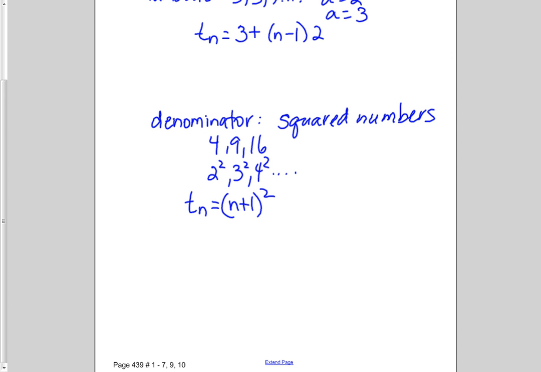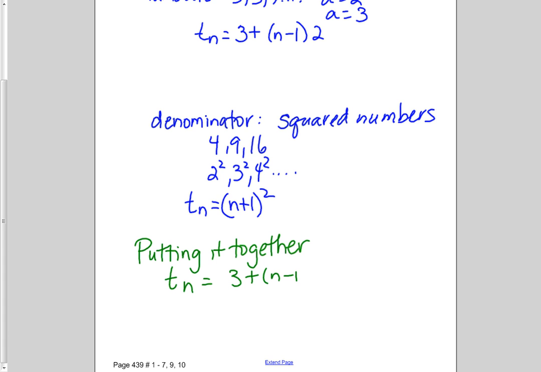So putting that all together, the general term would be the top, 3 plus n minus 1 times 2. Now I could tidy that up. That would be fine. And on the bottom, it's n plus 1 squared. And n cannot be a real number. It's a natural number, which means 1, 2, 3, 4, 5, and so on, not including 0.